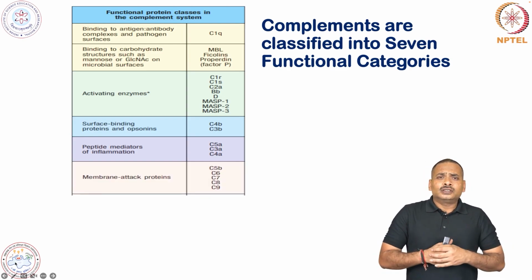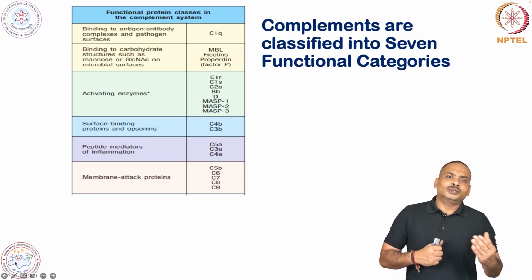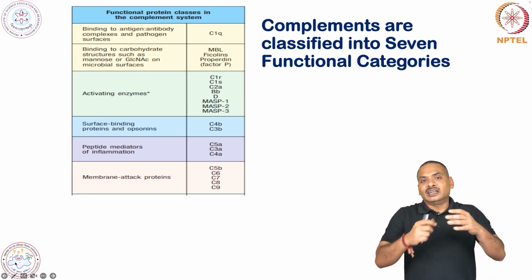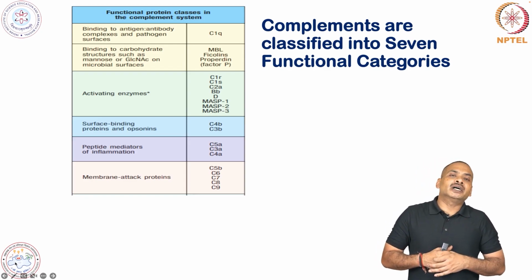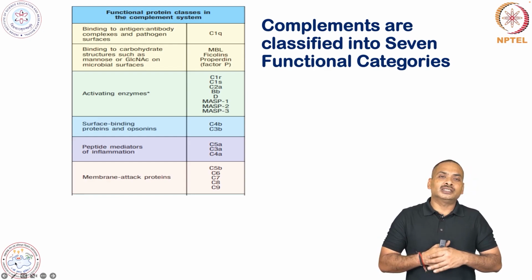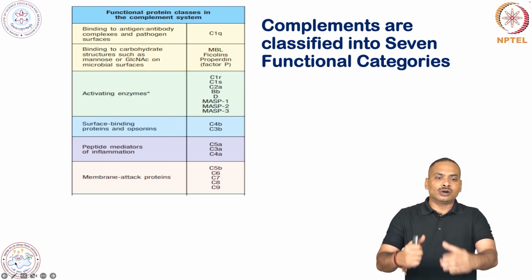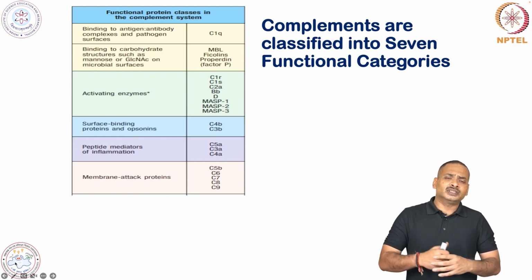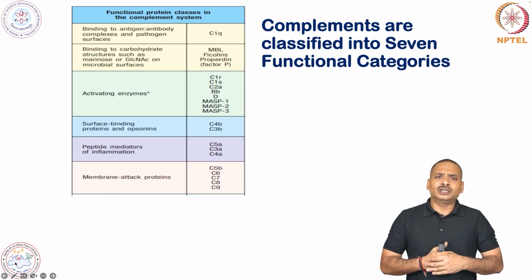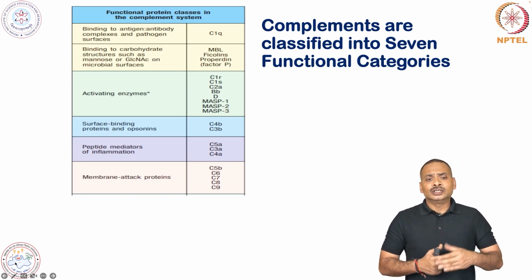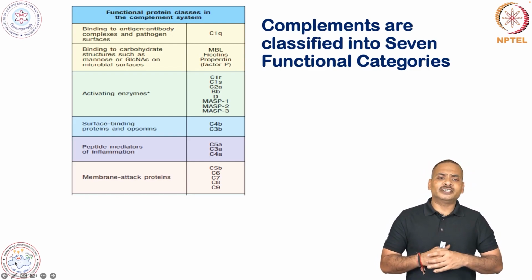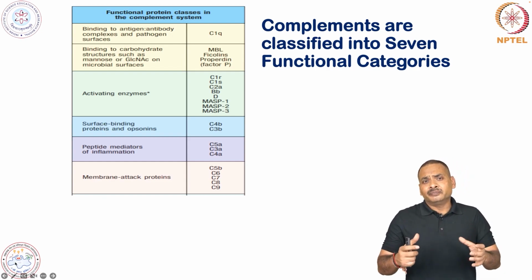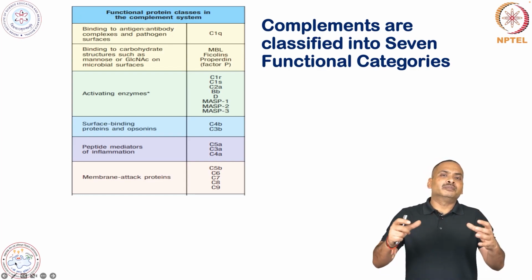The outcome of complement activation, I told you, is lysis. Okay, so this lysis is mediated by one protein complex which we call the membrane attack complex. And all those complements which are involved in making this complex, we call membrane attack proteins. So all these molecules like C5b, C6, C7, C8 and C9 make up the constituents of this membrane attack complex.